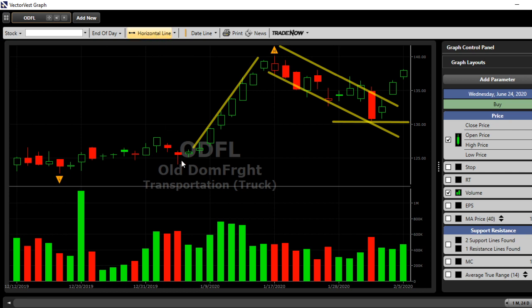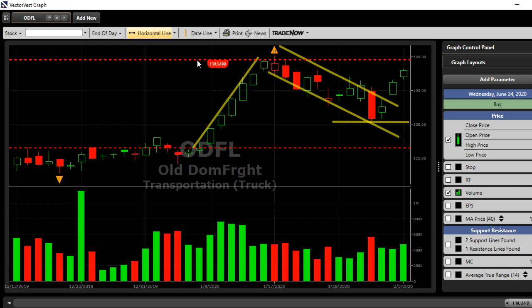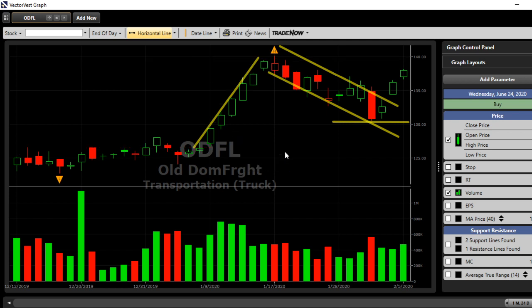So in this case, we're looking at about 126 to about 139. So a 13-point move is where we should expect price to move to above the breakout level of 136. So 149 is where our initial profit target should be.